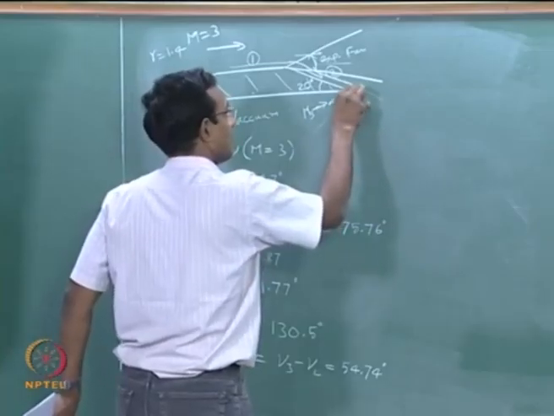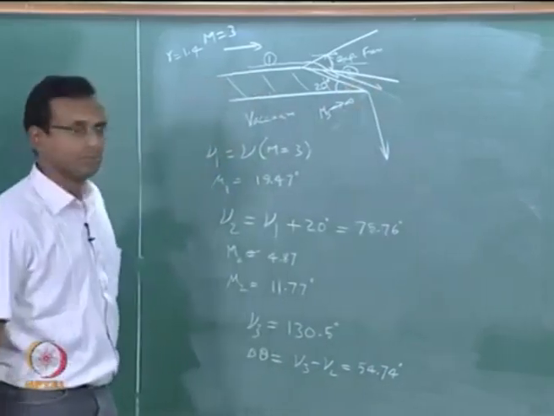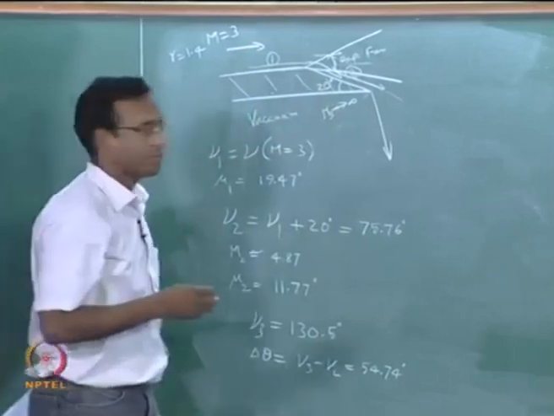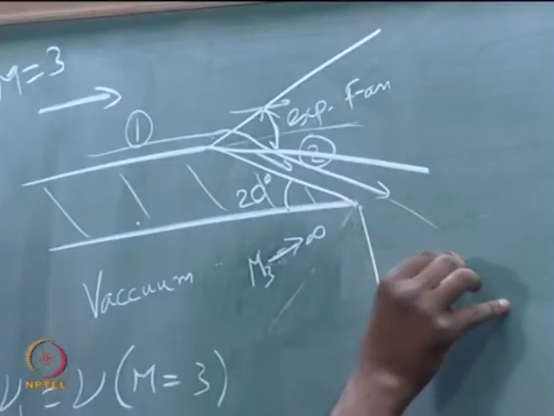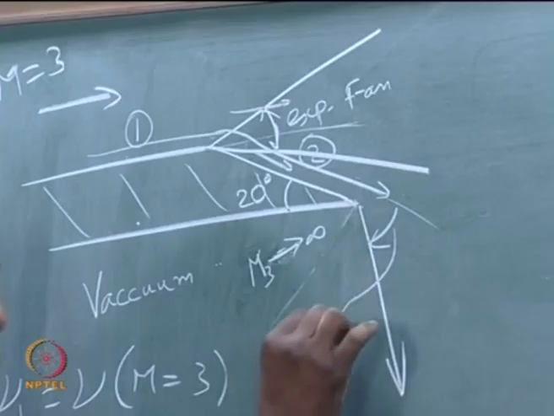So the final velocity vector direction is this. Okay, it cannot go any more turning around the body. Okay, it can turn only till here, and this change is 54.74 degrees. Okay, that is this change.